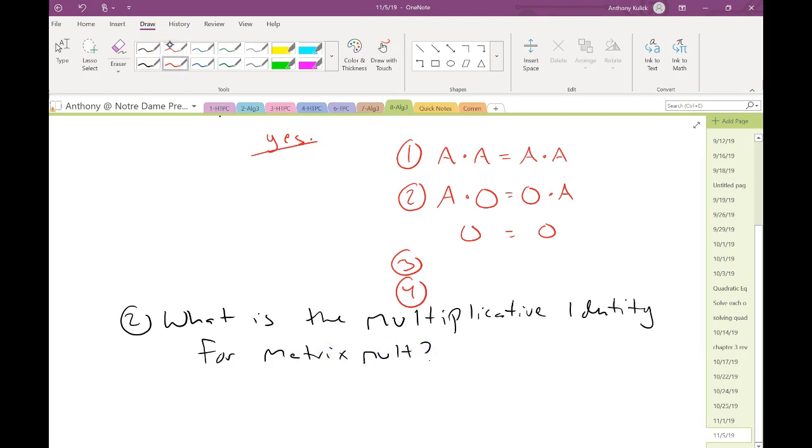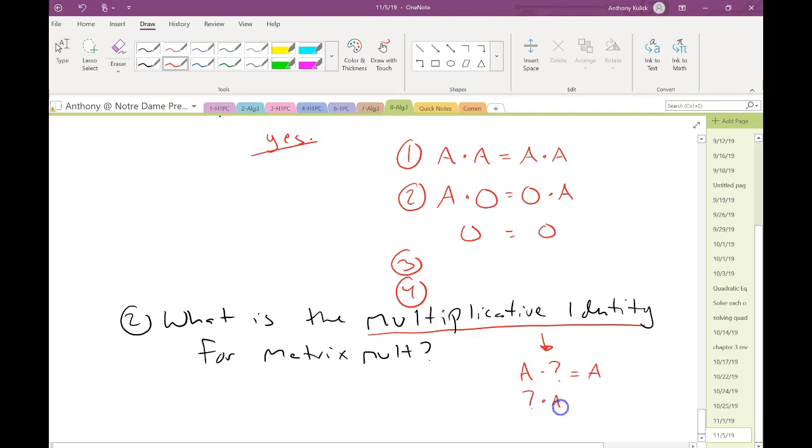My next question is going to be, what is the multiplicative identity for matrix multiplication? When we say multiplicative identity, we want a matrix so that when we multiply it by A, we get A back, and that multiplicative identity needs to work in both directions.